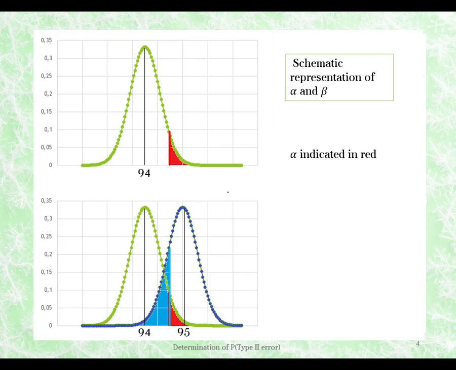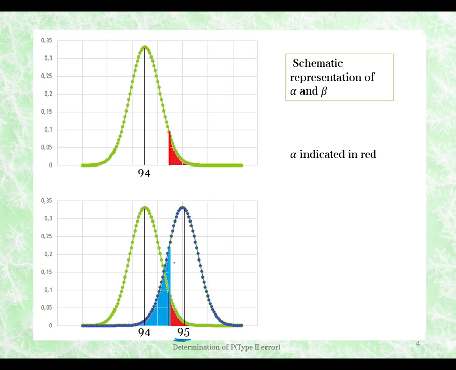If we draw a sketch of that, remember we're keeping the variance and the standard deviation the same, but if the mean has increased, it just means that our entire graph has shifted to the right, and it's now centered around this new mean.